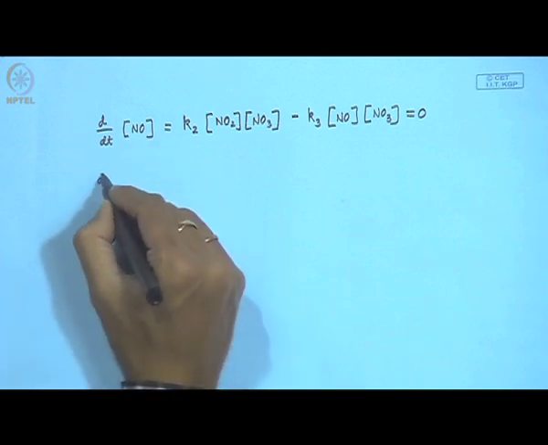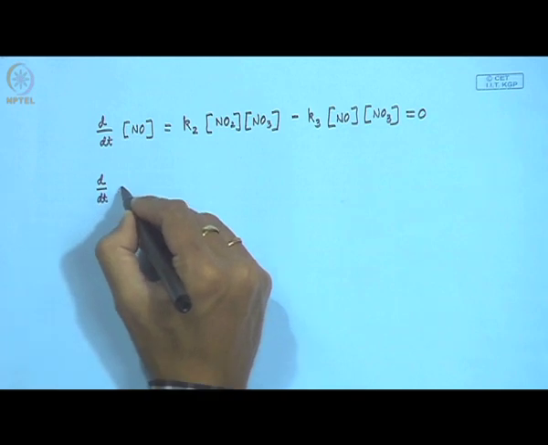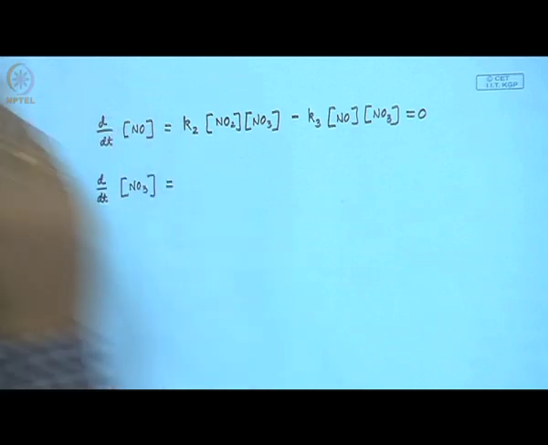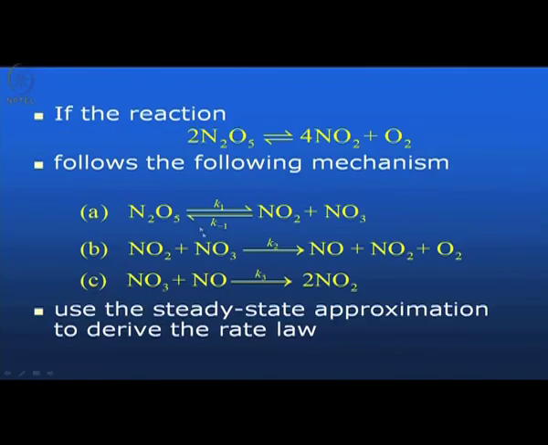In the same way, d/dt of NO3. Let us go back again, NO3. This NO3 is produced with a forward rate of K1 and it is used up to get N2O5 back with K minus 1.